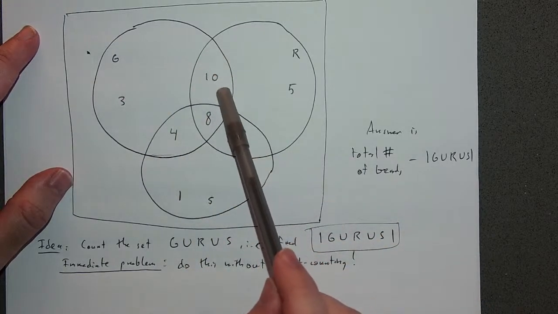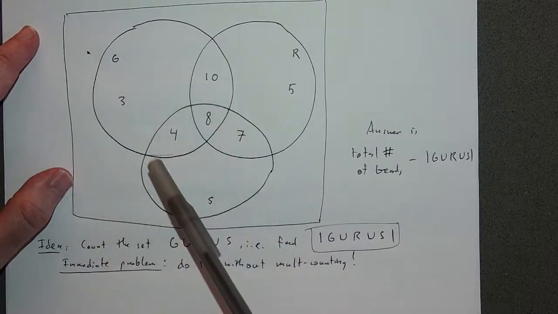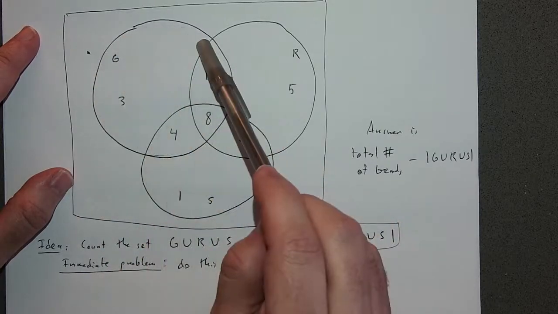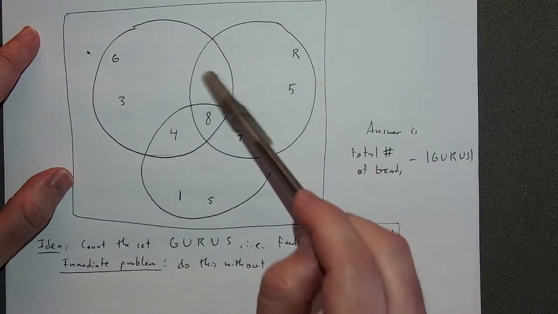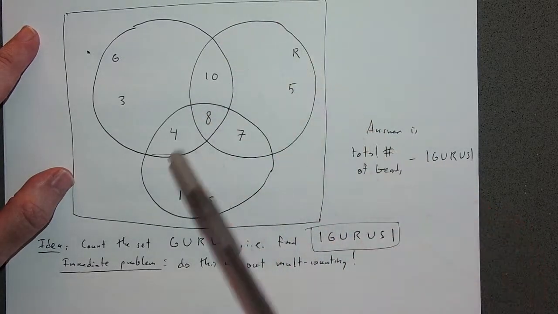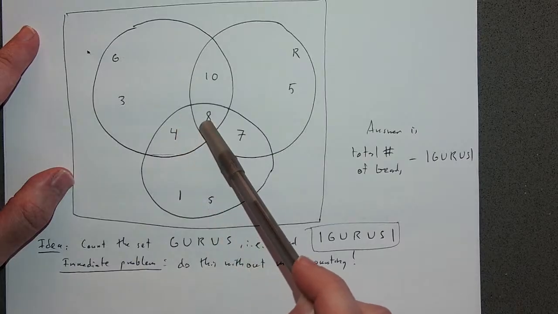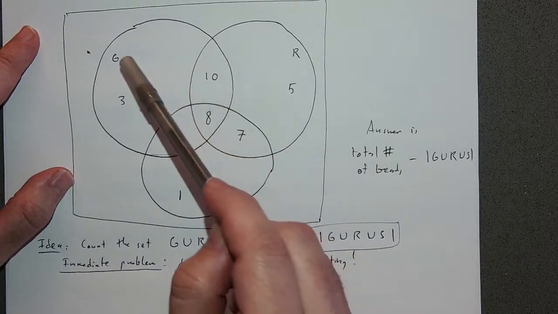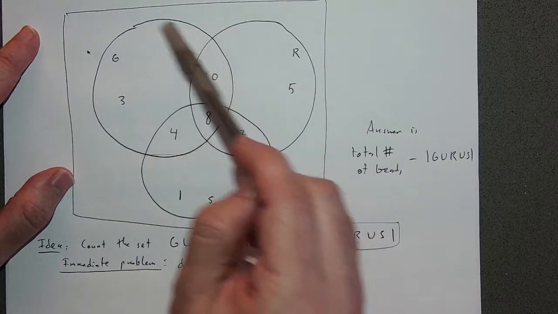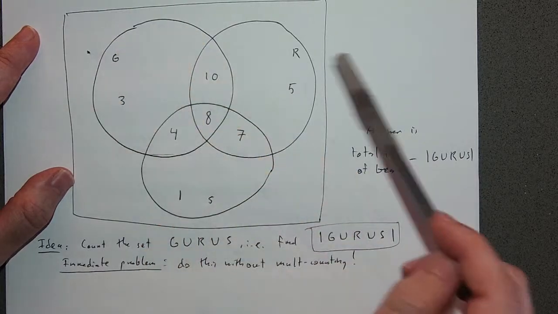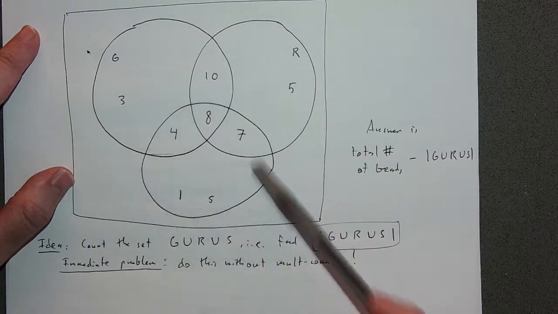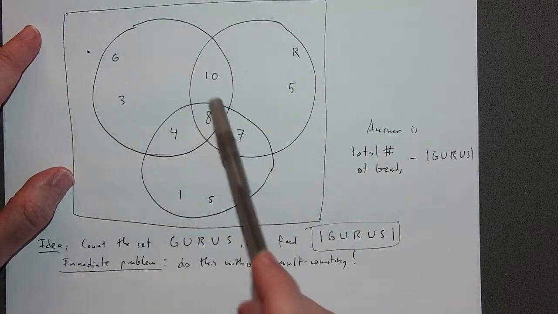This would get counted twice. If we were just naively counting, this would get counted when you count the elements here, and then it would get counted again. These 10 would get counted again when you count the elements in the red beads. This would get triple counted because this has overlap with G, R, and S. So these 8 would get counted when you count the elements in G. They would get counted again when you count the elements of R. They would get counted again when you count the elements of S. So this region would be triple counted.